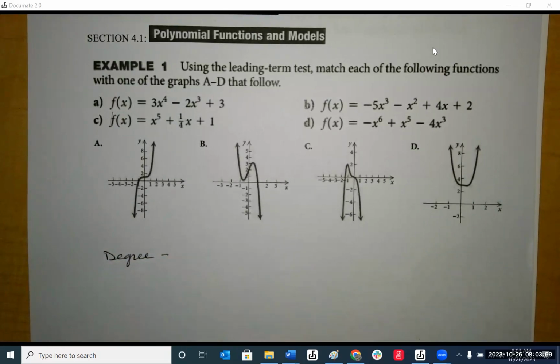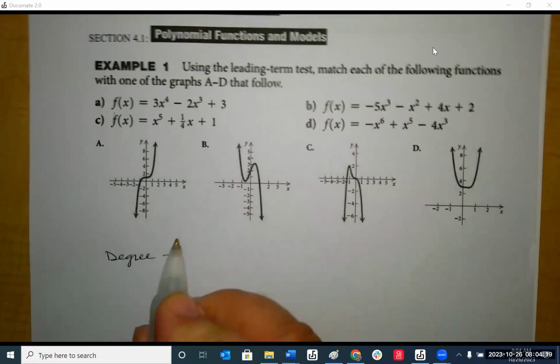And where is the degree located? It's the first term, right? So it's the leading term. But that's not the degree. The degree is what part of that?